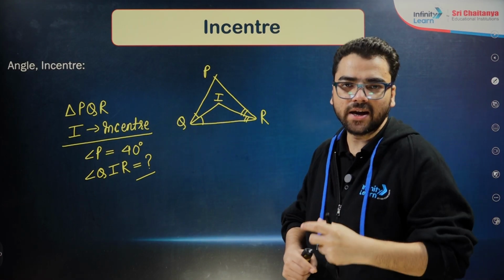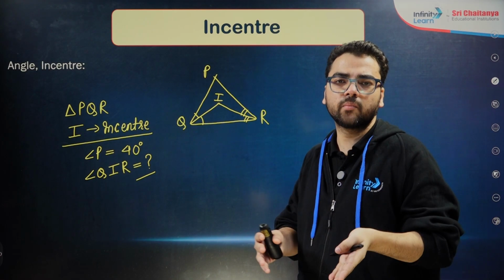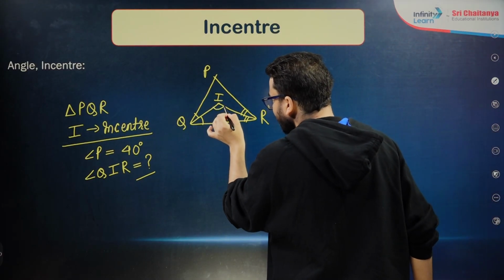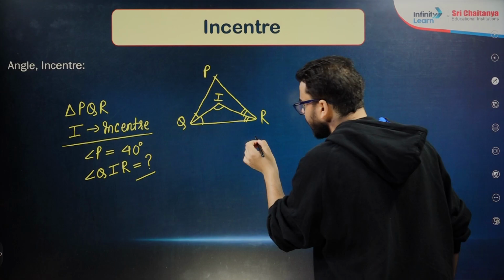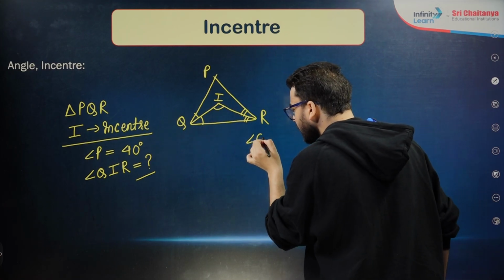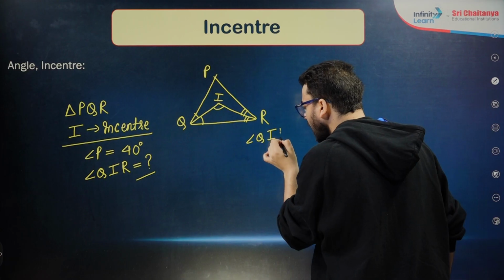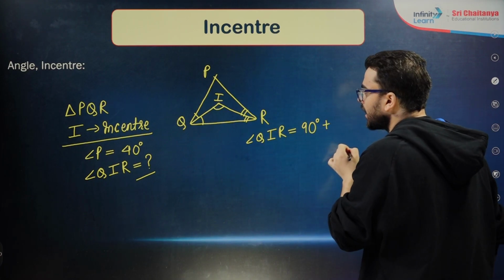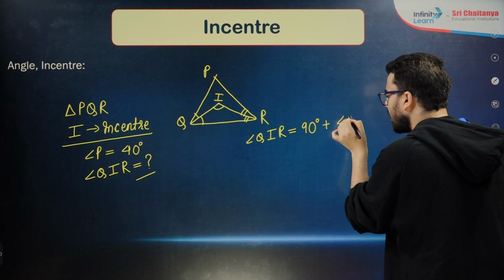Now in class 9, if you are a CBSE student and in other boards as well, you know that the angle between two internal angle bisectors of a triangle, angle QIR, will be 90 plus half of the third angle.